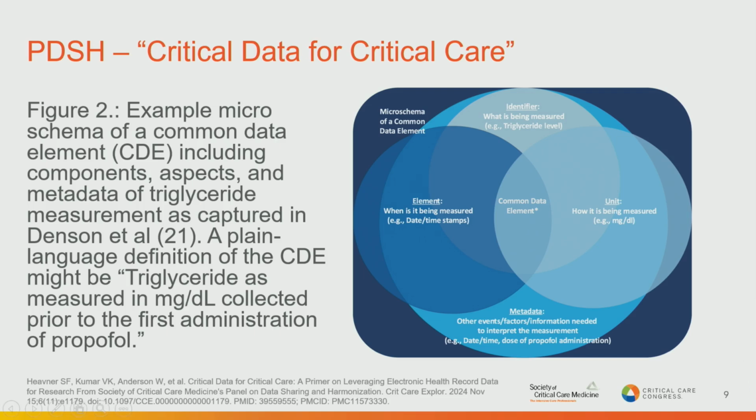But as Pooja remembers, as we worked on that paper, we realized we didn't have the right common data element. In order to explore metabolic syndrome, we need to know their triglyceride level. But in order to interpret a triglyceride level, you have to know whether that patient had propofol, because of course that's going to raise their triglyceride level. In virus, we had a daily value for did they have a triglyceride level, what was it?